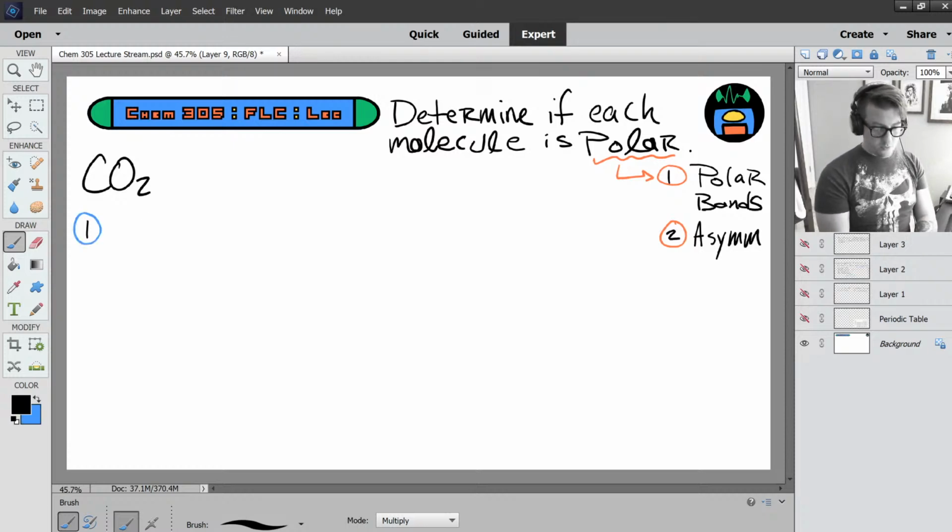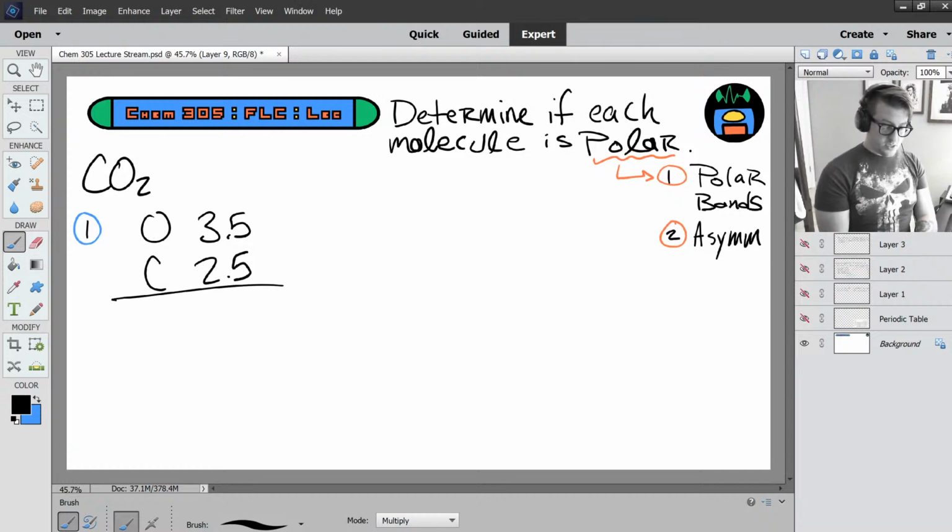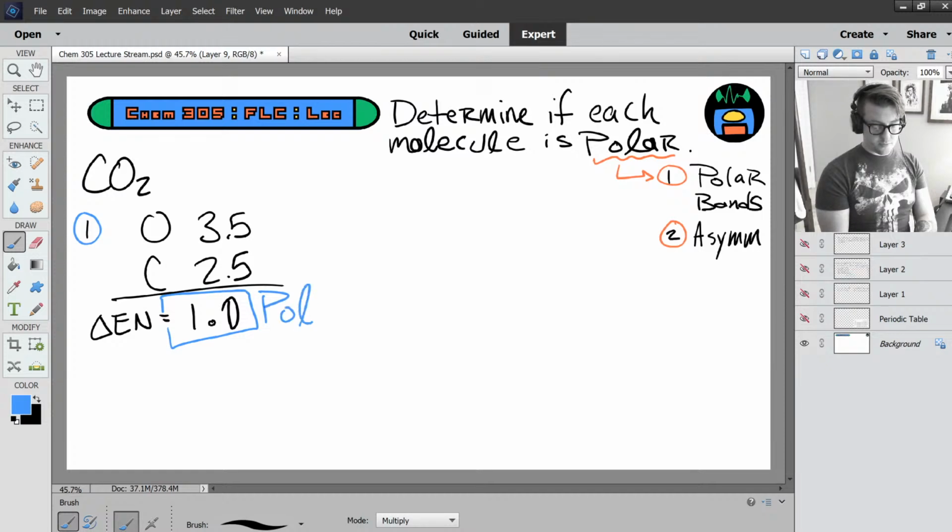Carbon, well, actually, let's start with oxygen, has an electronegativity of 3.5. Carbon has an electronegativity of 2.5. So the difference here in electronegativity is 1.0. Remember, polar is anything from 0.5 to 2.0. So this is definitely polar.